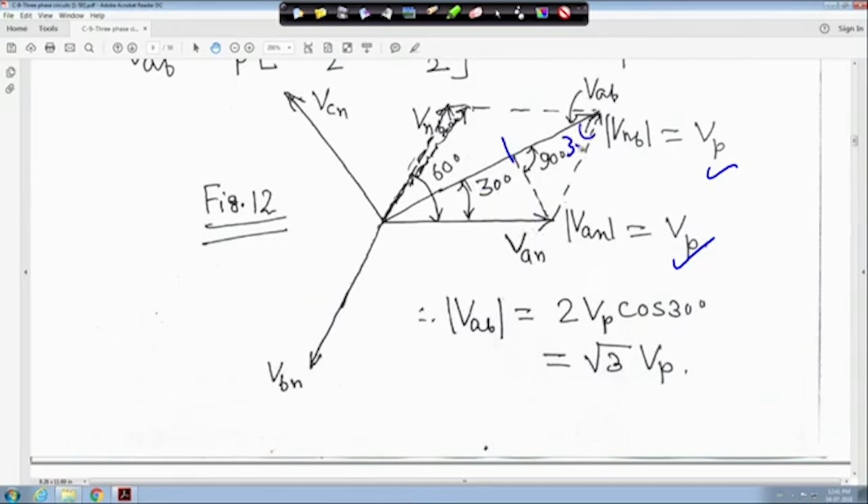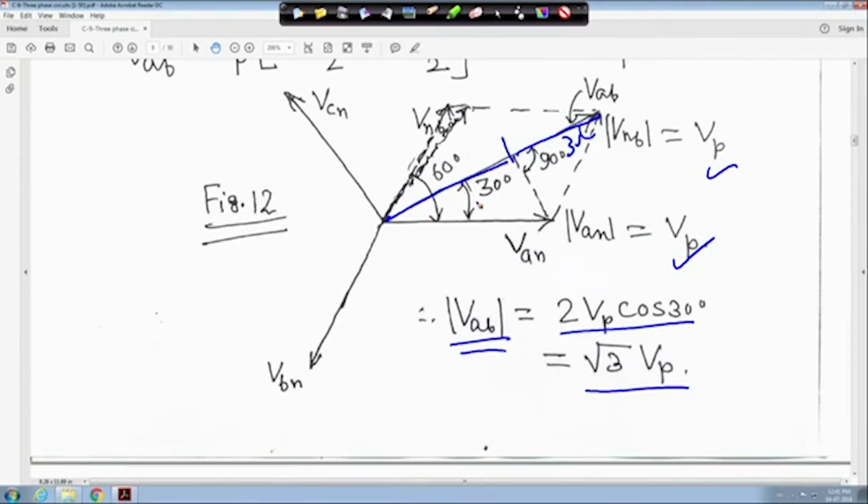And this is also 30 degrees, so from here to here VP cos 30, from here to here also VP cos 30, so it will be 2 VP cos 30. That is, the magnitude of VAB will be root 3 VP, and this angle is 30 degrees, right?